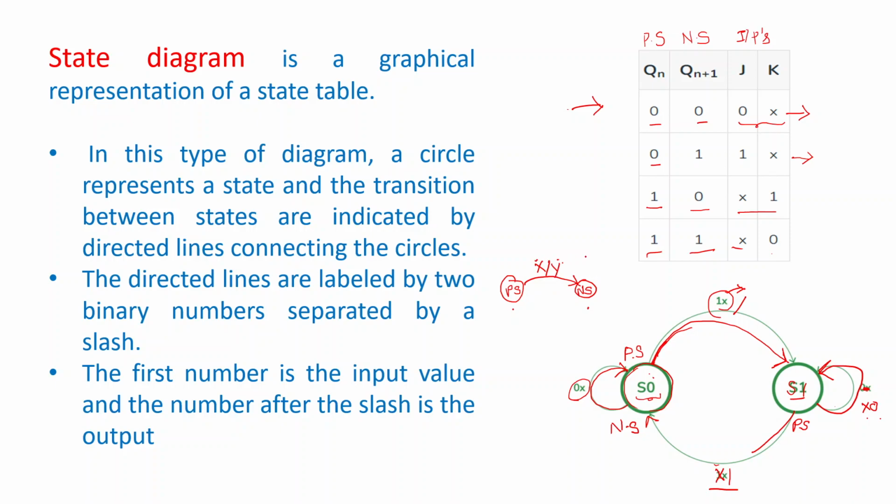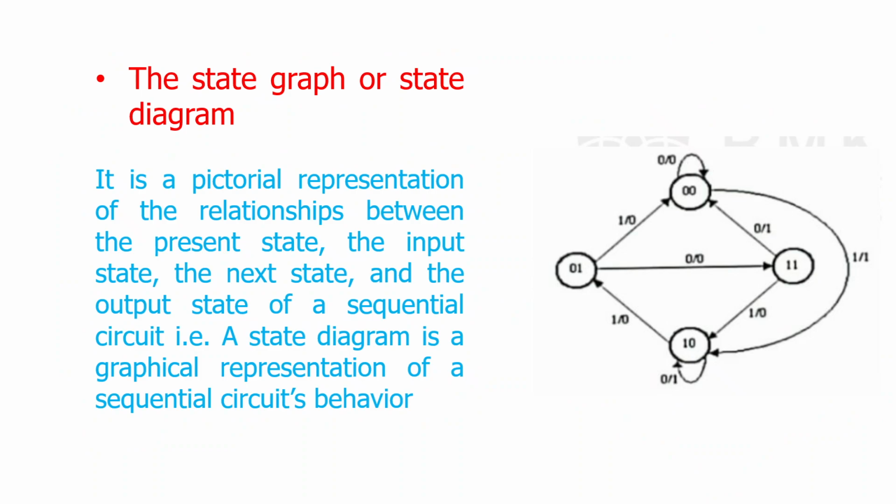Now this is one more example of a state diagram. As I told you, it gives a graphical representation of a sequential circuit's behavior, and here the number of states is 4: 00, 01, 10 and 11. 4 circles will be there to represent 4 states, and here 0 slash 0 represents input 0 and corresponding output also 0.